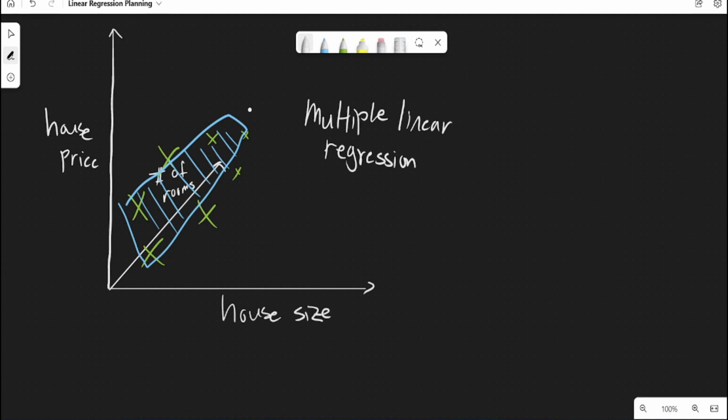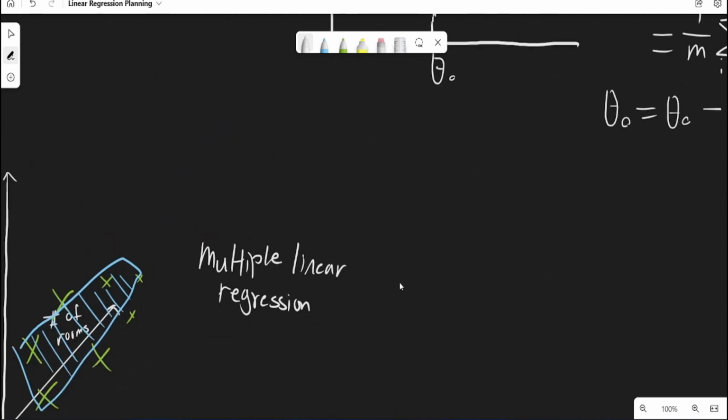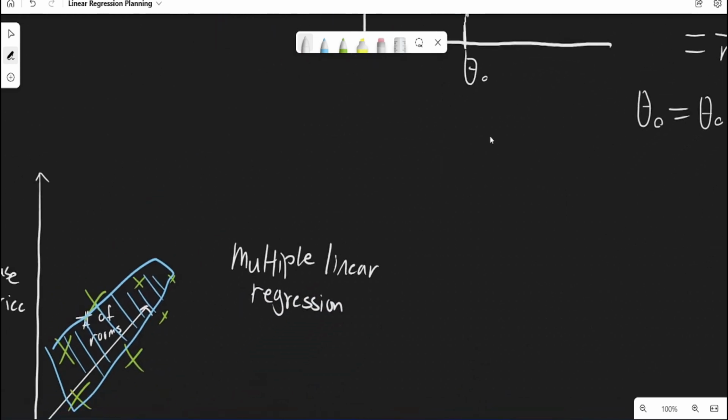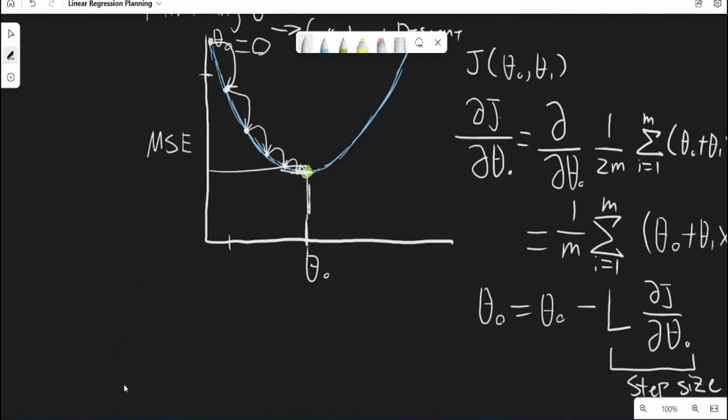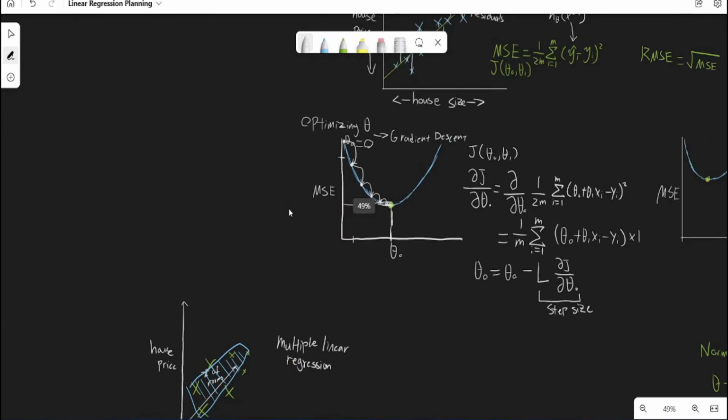That's with two or more features, and if we only have one feature, then it's just called simple linear regression. If we have more than two features, we can't actually display this graphically, so that's why I'm only showing you with two. But it's the same thing. We use gradient descent to optimize for all of them. It's just more features. It could be theta 3, and we just optimize for theta 3 using gradient descent. I feel like that's really it.